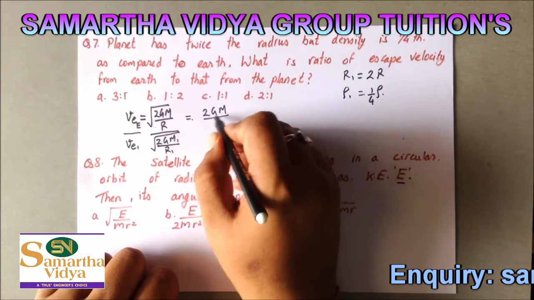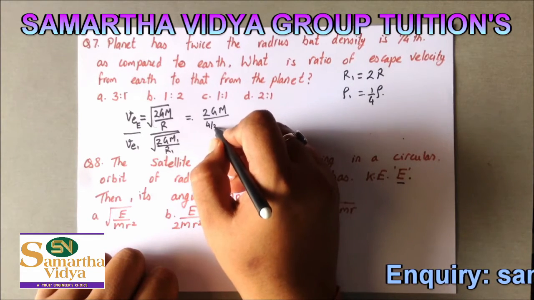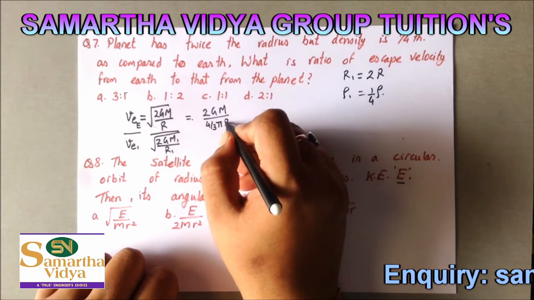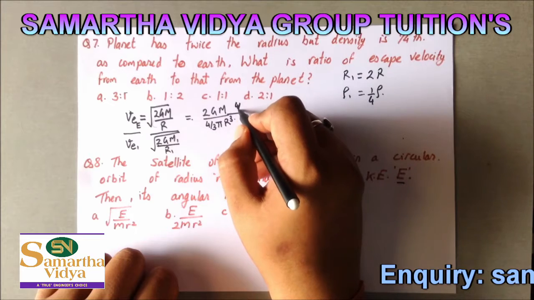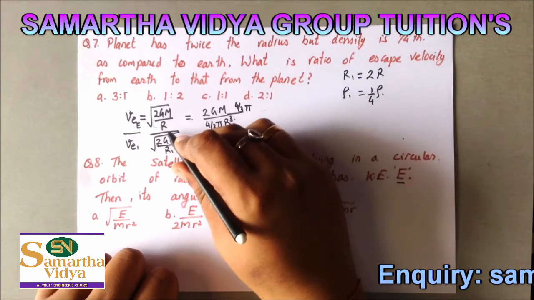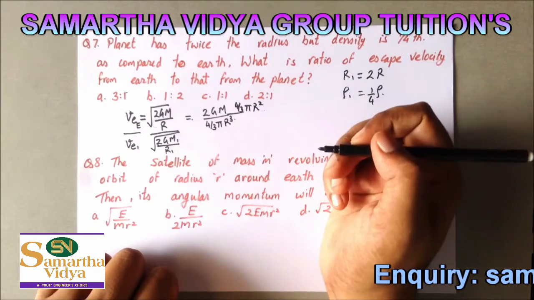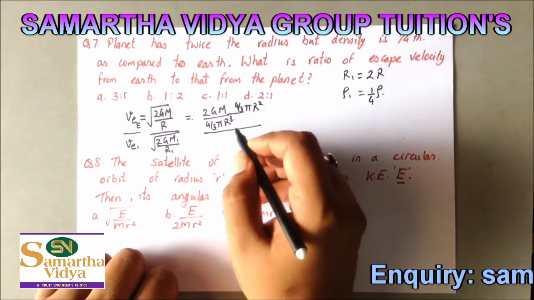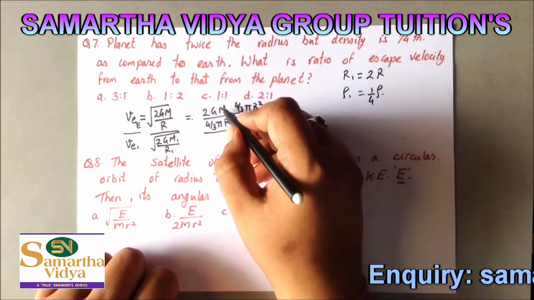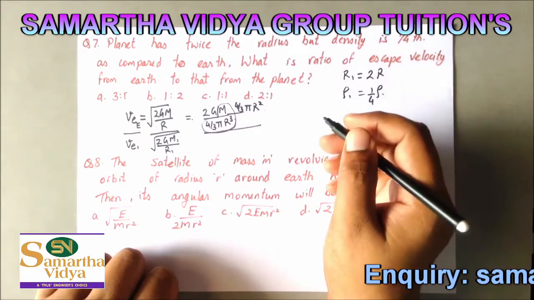We need the volume in the denominator, so that is going to be 4/3 pi r cube. So the new term which we have introduced is 4/3 pi, and one of the r was already present, so it's nothing but going to be r square. So this entire thing over here is nothing but the density.